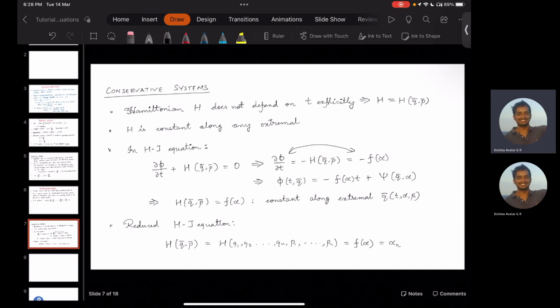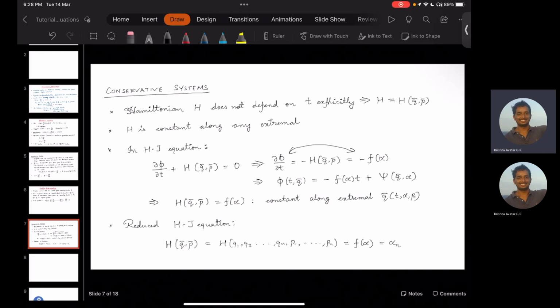Okay. So now let's take the second equation, which is H of q vector, p vector is equal to f of alpha, and this is constant along an extremal q vector, which is a function of t, alpha, and beta. Right.